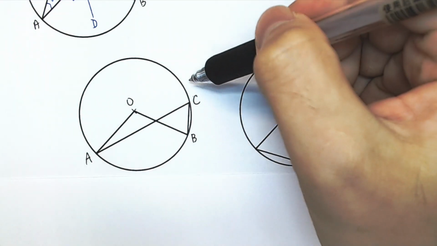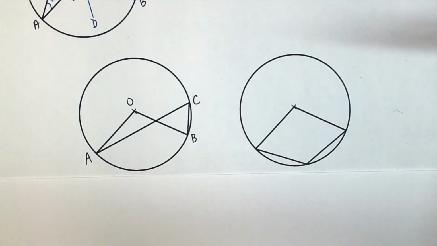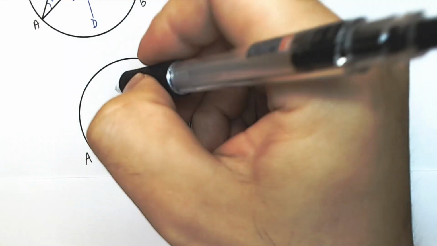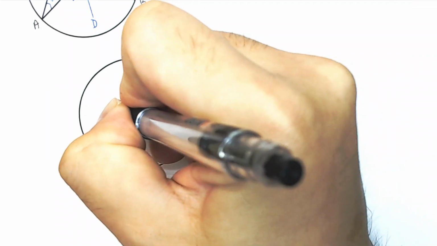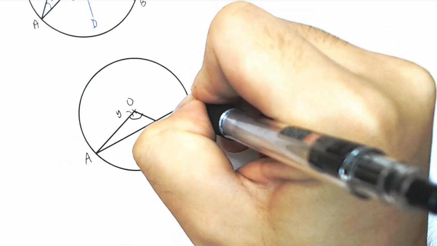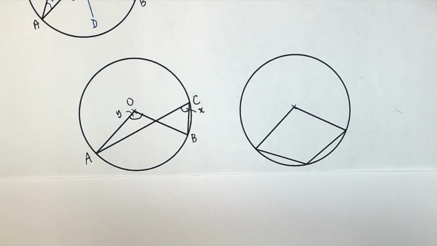Since C is at a different position, we cannot draw the two isosceles triangles easily. Now we are going to investigate the relation between these two. I still name it as y, this is x, and I would like to show the relation that y is 2x.